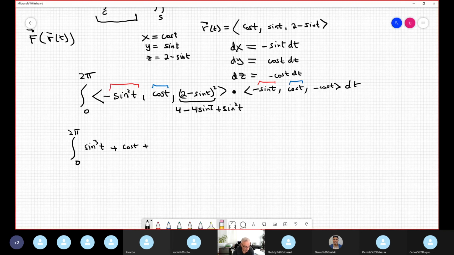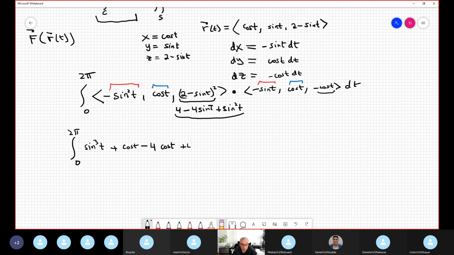Plus, wow, and this is hard because it's this times this. So, minus 4 cosine t. This is 4 and cosine multiplication.